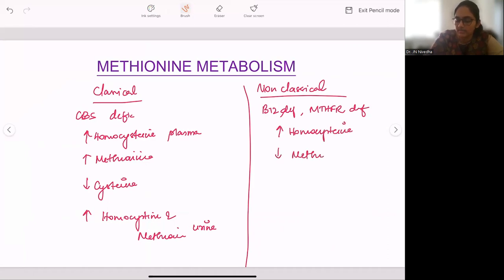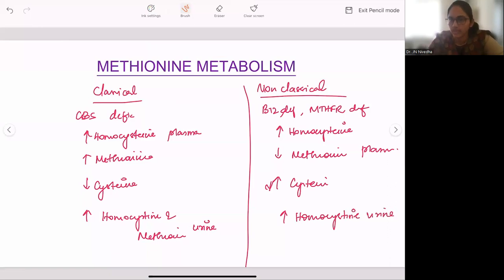So there are decreased levels of methionine in the plasma, and cysteine levels can be normal or elevated in the plasma. Also, you have more homocysteine in the urine, but no methionine. So there is elevated homocysteine in the urine. This is the difference between classical and non-classical homocystinuria.